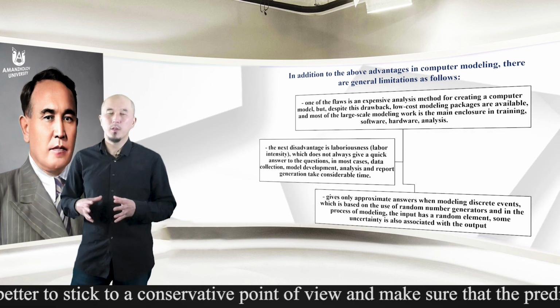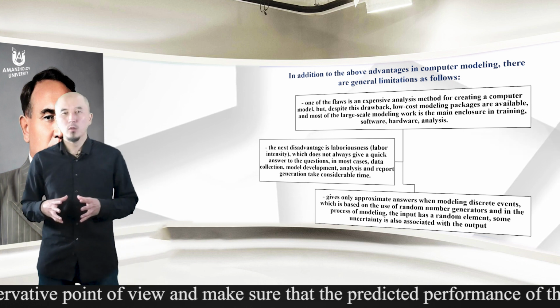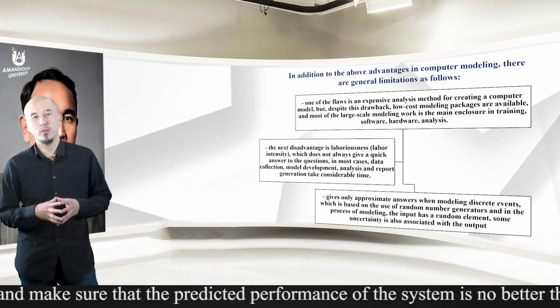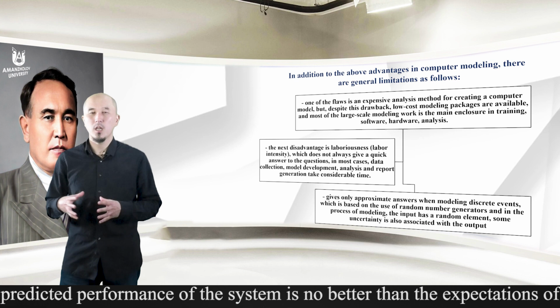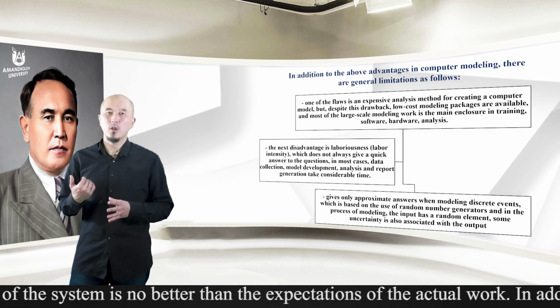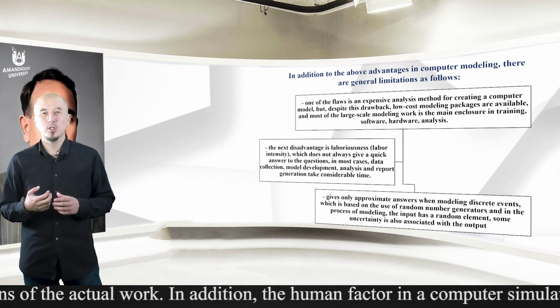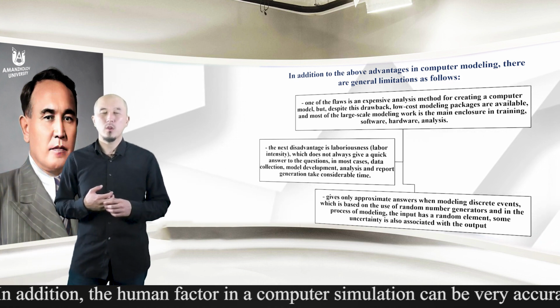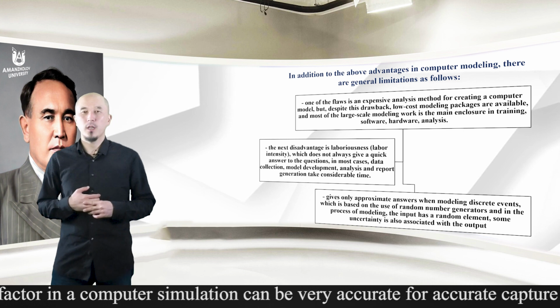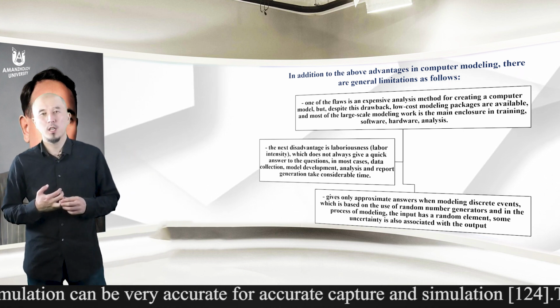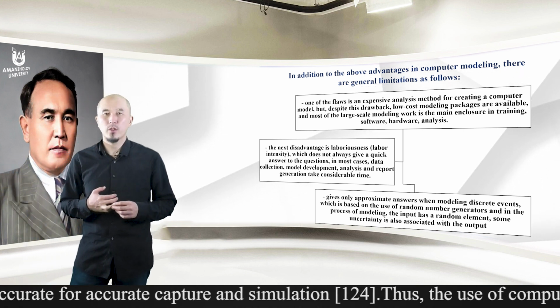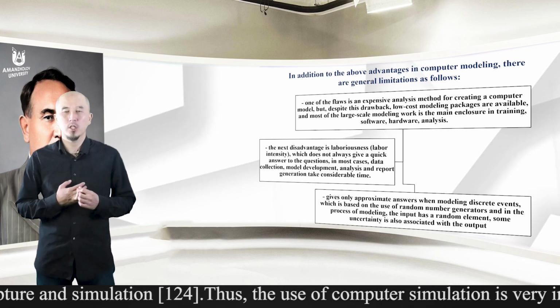It is often better to stick to a conservative point of view and make sure that the predicted performance of the system is better than the expectations of actual work. In addition, human factors can be very difficult to accurately capture and simulate in a computer simulation.